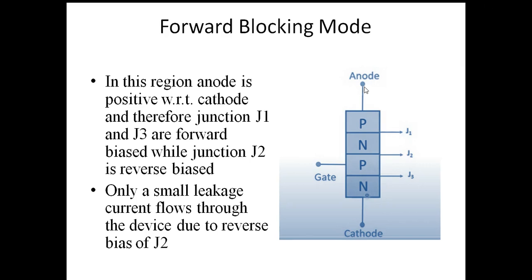Forward bias means the anode terminal of the SCR will be connected to the positive terminal of the supply, and the cathode will be connected to the negative terminal of the supply.